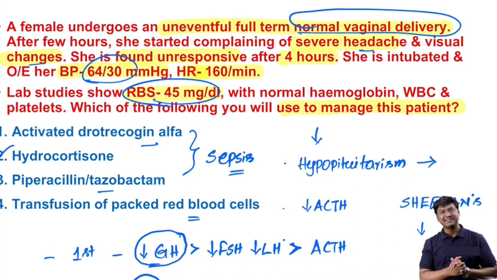And transfusion of packed RBC, if you observe very closely, the individual is having normal hematocrit, that is normal hemoglobin, WBC, platelets. So transfusion of packed RBC is of no use at this point of time. So in patients with Sheehan's, the first important hormone that needs to be supplemented is steroids. So that is the reason why the answer is hydrocortisone.